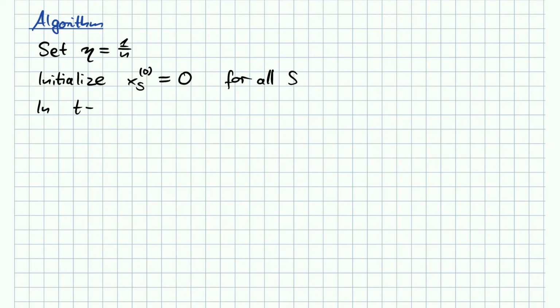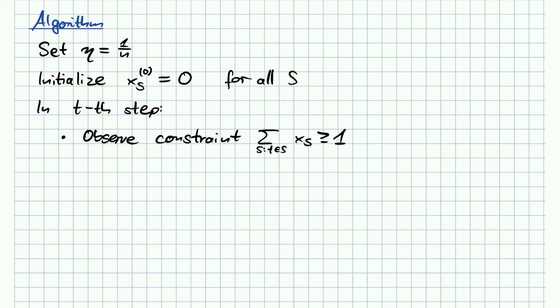And now in the t-th step, what will happen? We, of course, observe the constraint saying that this element that just arrived has to be covered by at least 1, and we are also getting a dual variable y_t.